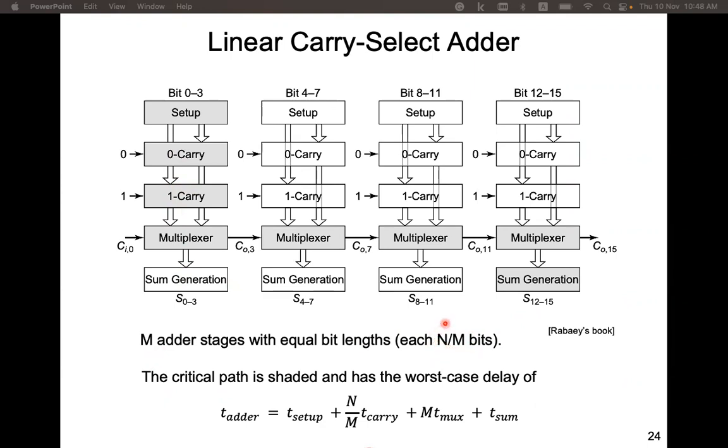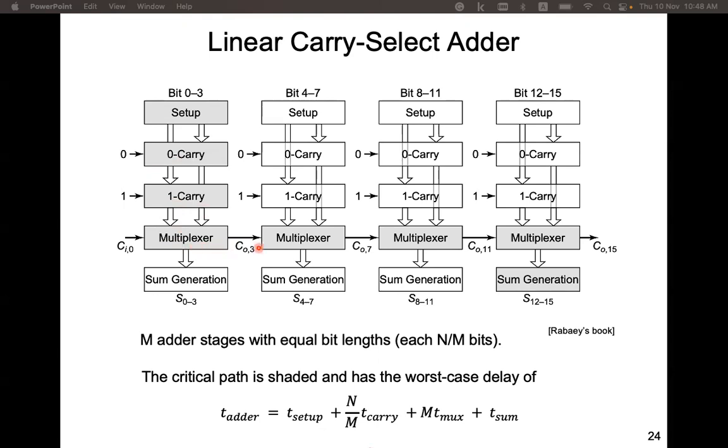So each stage is n over m. That's the notation used here. So in this carry generation, it has n over m bits. Each data cell has this carry delay, T carry. So that's the delay involved here.